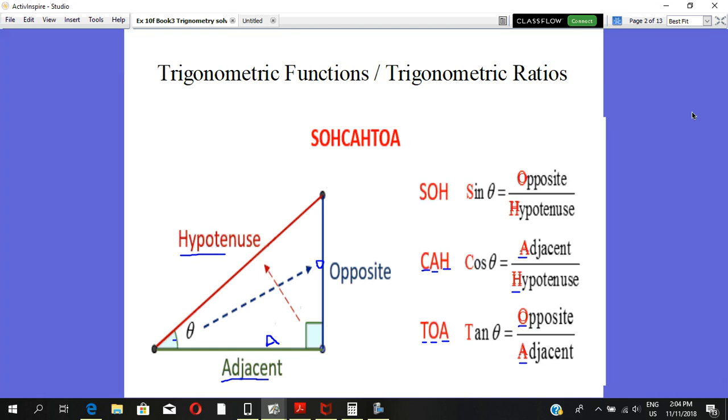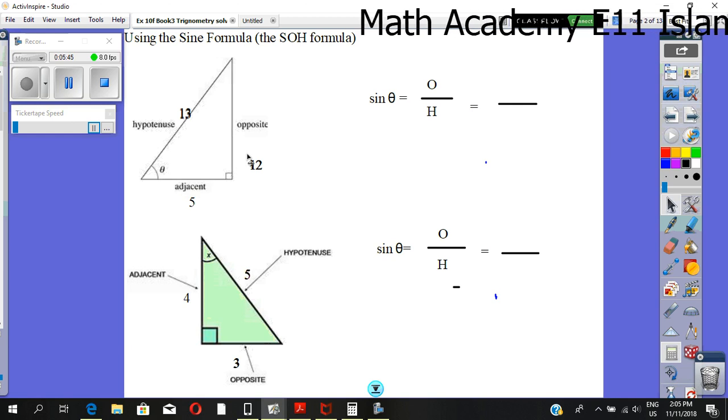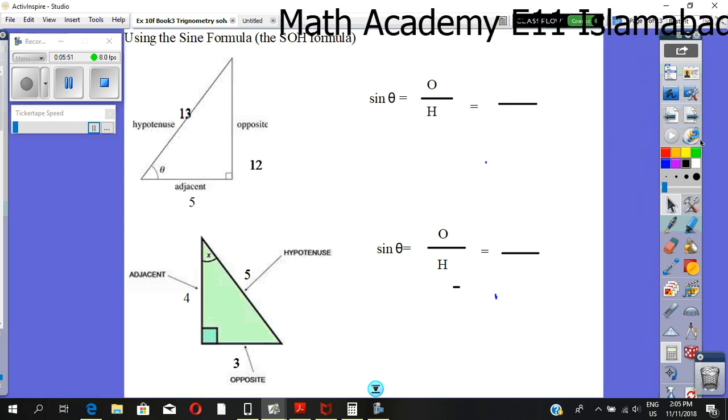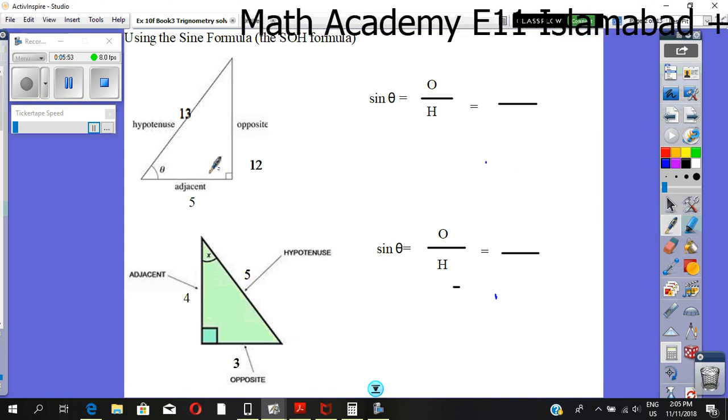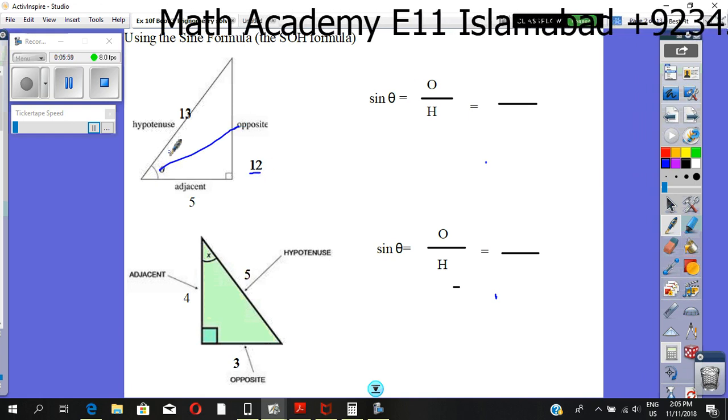Let's see one by one. Let's see here by using the formula SOH. S again stands for sine theta, then opposite over hypotenuse. Let's say here we have a question, a right angle triangle, having the base, or adjacent, as 5, the side opposite the given angle is 12, and the hypotenuse is 13.